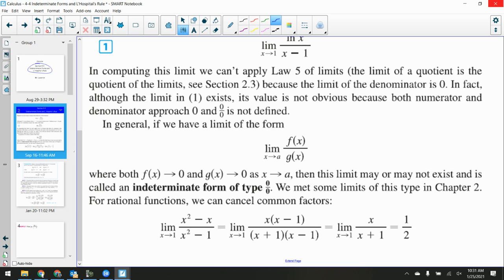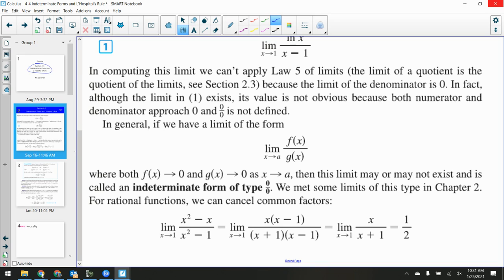Ln of 1 is 0, and for the denominator, 1 minus 1 is 0. It's an indeterminate form of the type 0 over 0. Other indeterminate forms are when we have infinity over infinity. That's an indeterminate form, one that you cannot easily compute. That's really what an indeterminate form is.